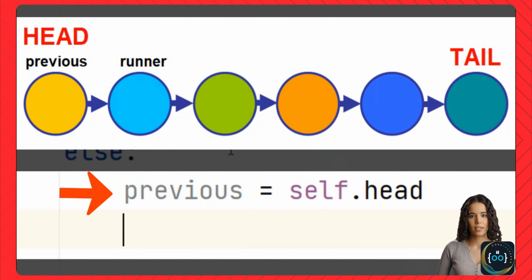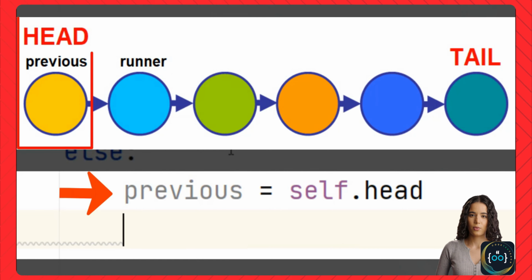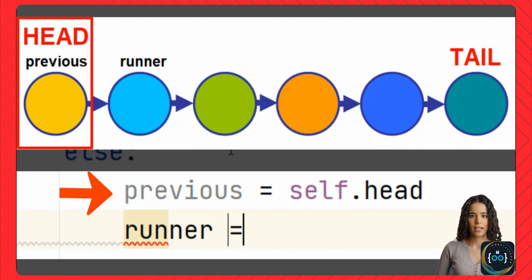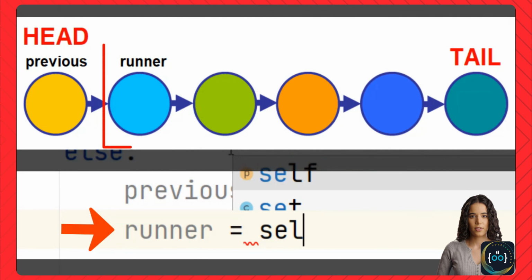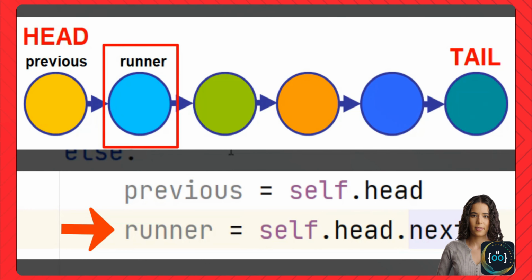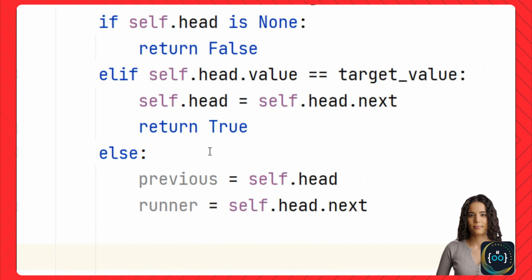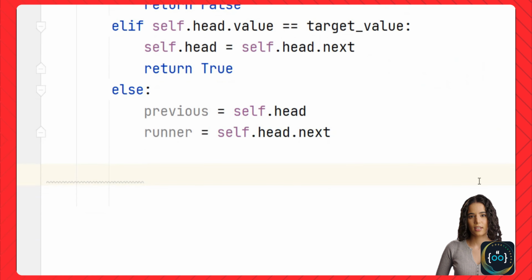We start by defining previous, which is the head node, initially. Remember that we use these variables to move through the linked list. So initially, previous is head and runner is the second node, head.next. Once we have those initial references, we can start checking if we reach the end of the list and if the nodes are still valid.